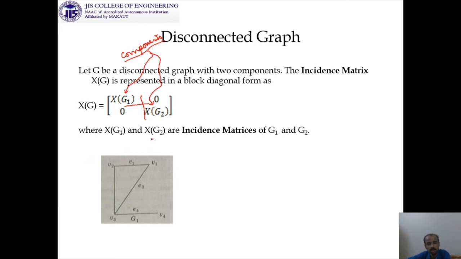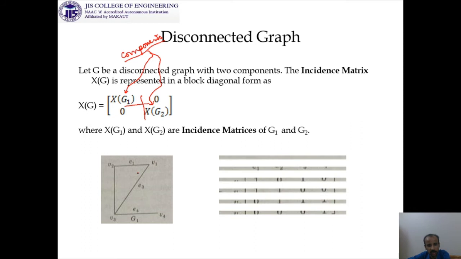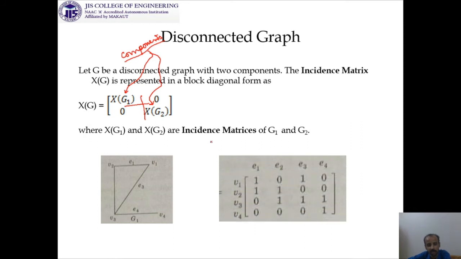So this is G1, component number 1 of the graph G, and we can easily construct the incidence matrix of G1. For example, if we take V1 and E1, they are incident, so it is 1. And if we take V1 and E4, they are not incident, so it will be 0.